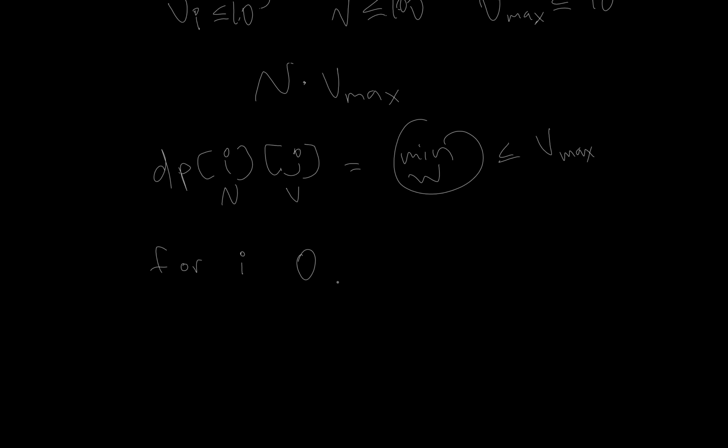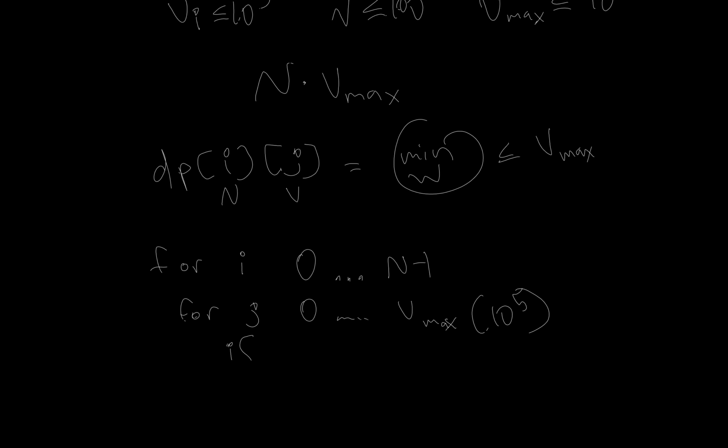I is going to be from 0 to n minus 1, depending on 0 or 1 indexed. And then J is going to be from 0 to V max, which, as we know, is 10 to the power 5, right?